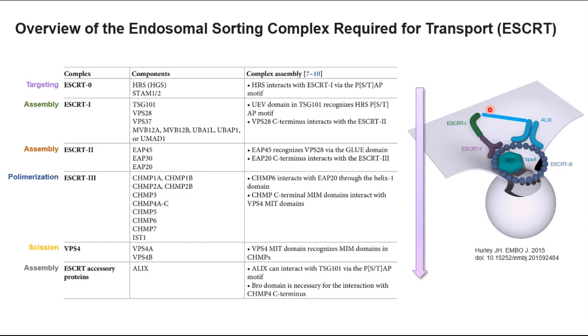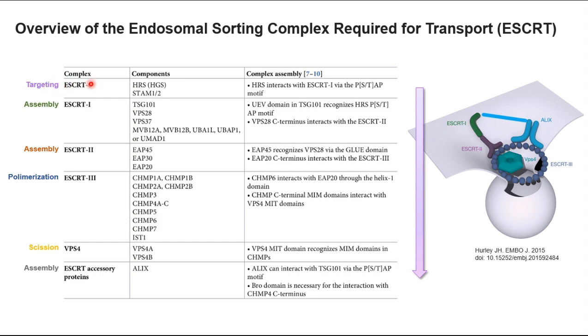The ESCRT complex consists of multiple protein complexes that are sequentially recruited and required for targeting and nucleation of the different cargos, the ubiquitinated cargos.